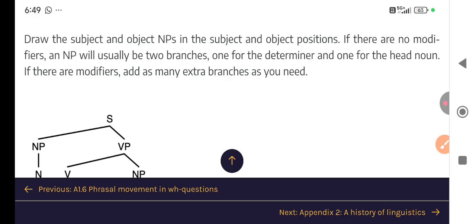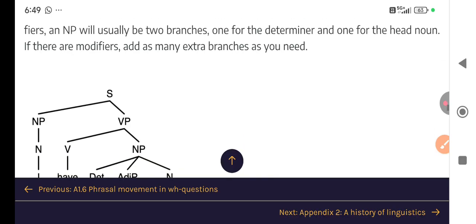So what they are saying is draw the subject and object and NPs in the subject and object positions. If there are no modifiers, a noun phrase will usually be two branches, one for determiner and one for head noun. If there are modifiers, add as many extra branches. Very good. How? We'll see.